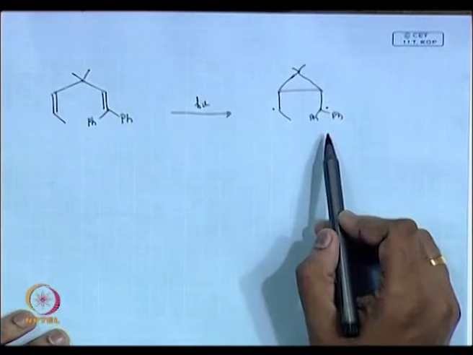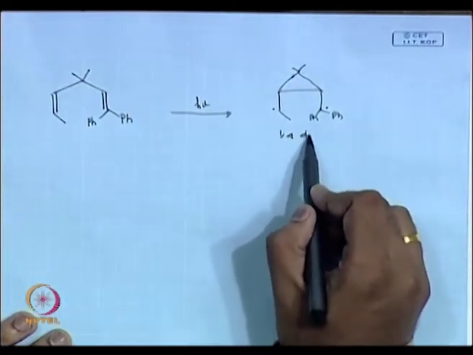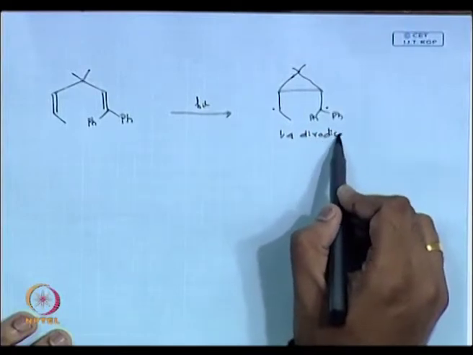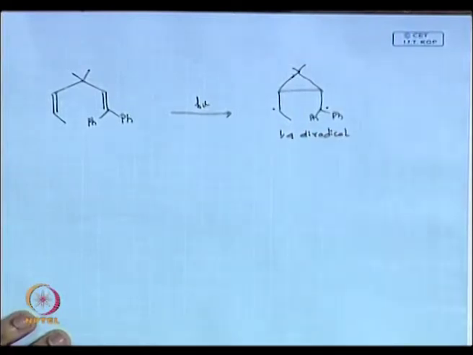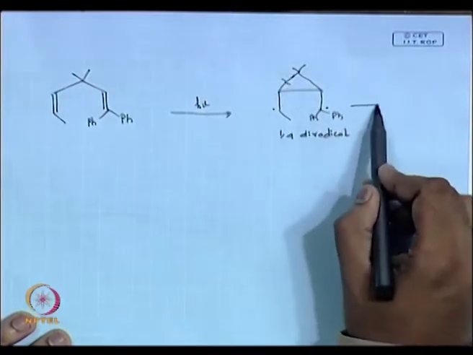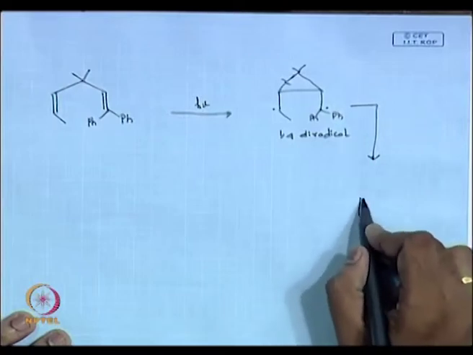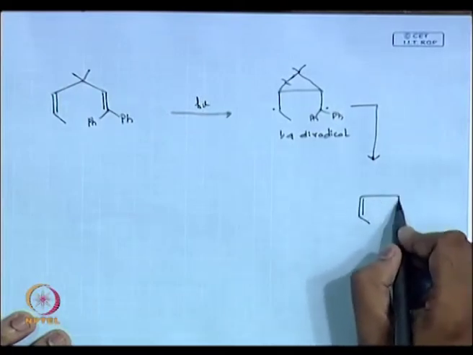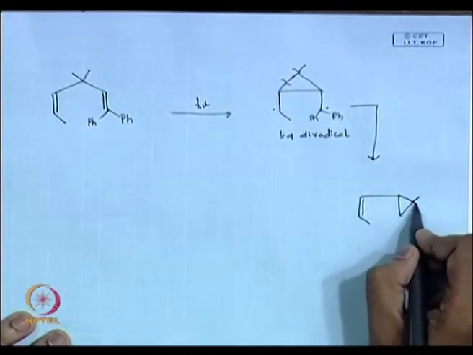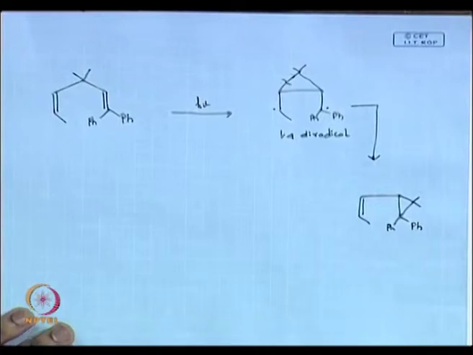You end up with your 1,4 diradical, right. Now, I can cleave this. Okay. To get me this product, yes, right, fine.